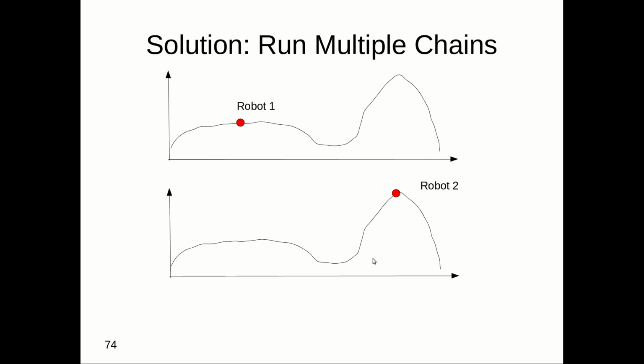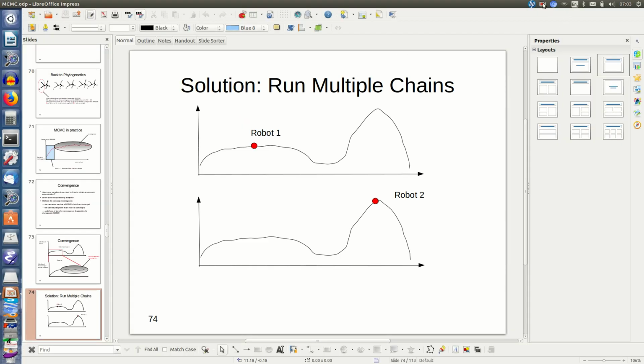Here's one solution for better handling those local peaks or local optima. What you can do is use several robots, or execute multiple chains that start from different starting points to explore your landscape, instead of throwing one robot.